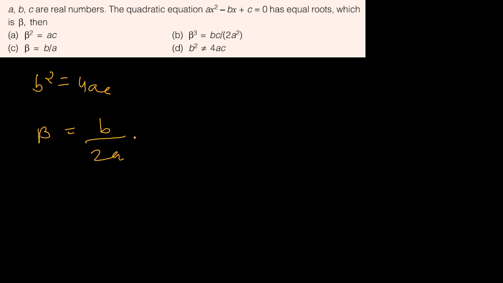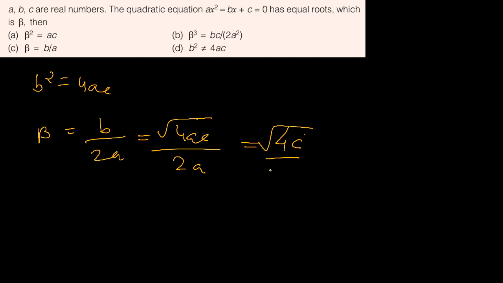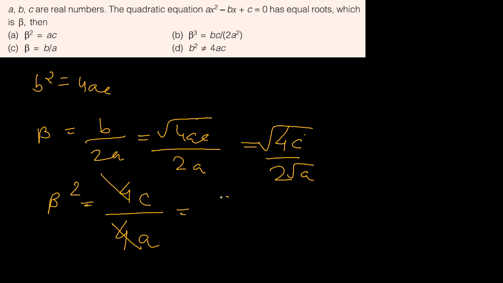So b upon 2a is equal to, if I put the beta value, which is under root 4ac upon 2a, then it is equal to 4c under root upon 2 under root a. If we square both sides, beta square is equal to 4c upon 4a. So this 4 cancels, c by a.